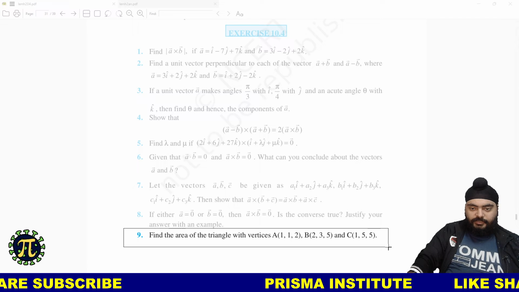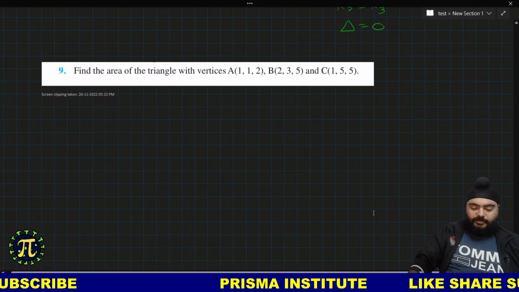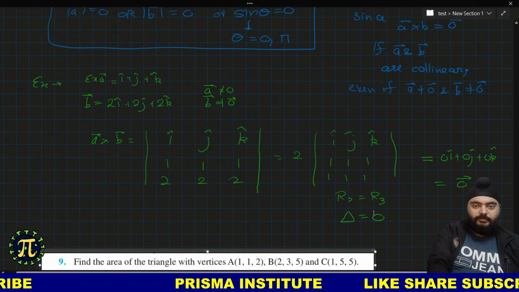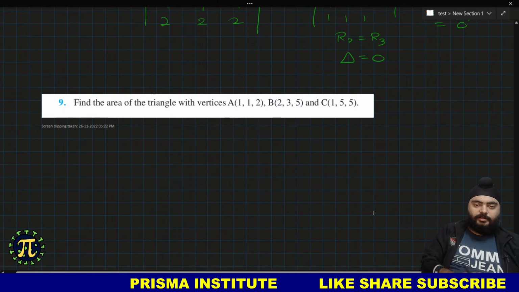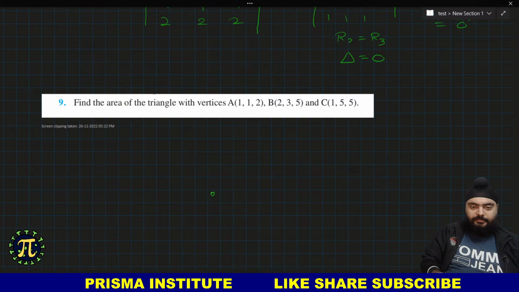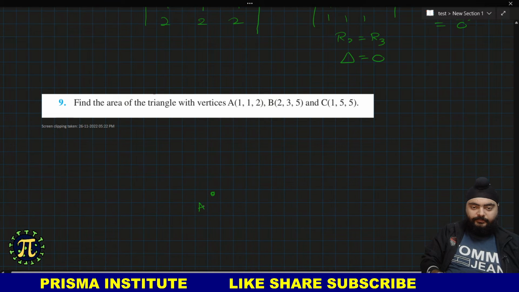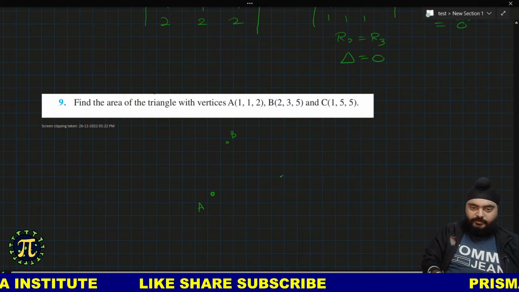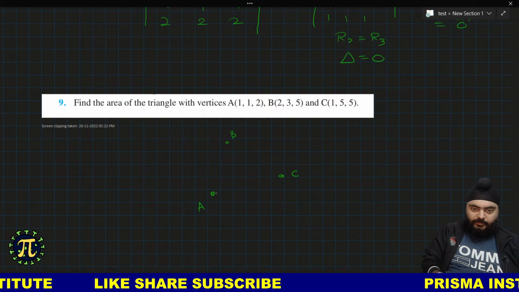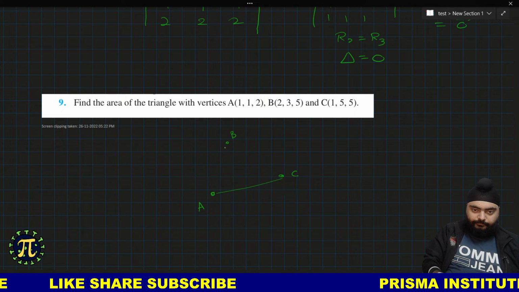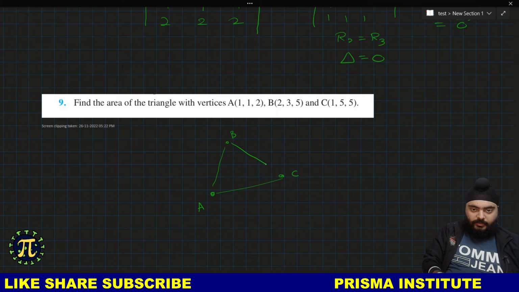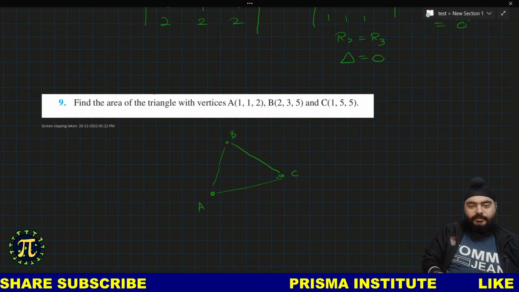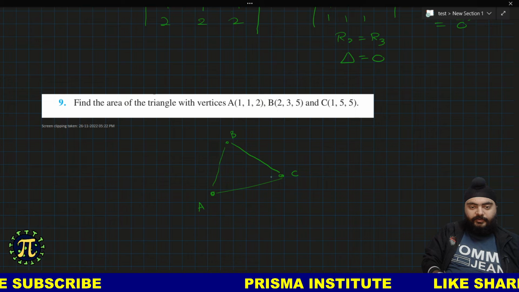So ninth question है कि इस ट्राइंगल का एरिया निकालना है. सो we'll draw a rough figure. It doesn't matter आप ABC कहाँ पे चूज करते हैं. So A, let's say B is here and C is here. And we have already defined कि area of triangle हम कैसे निकाल सकते हैं.